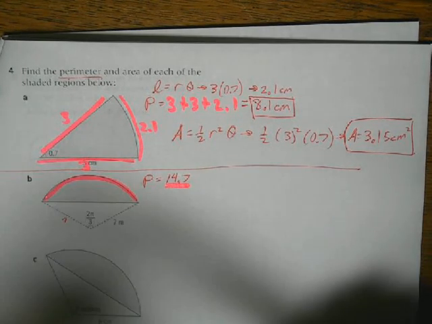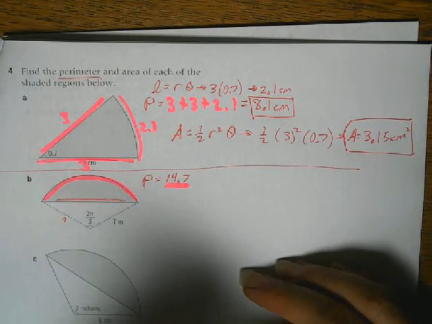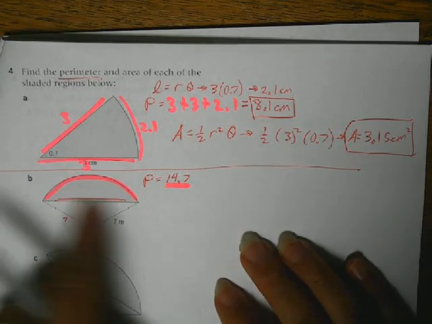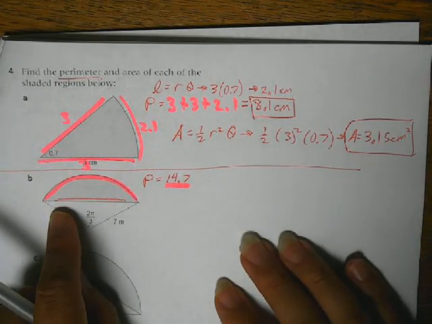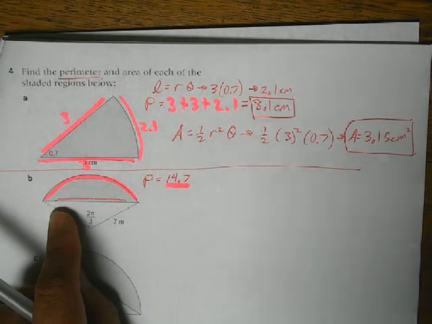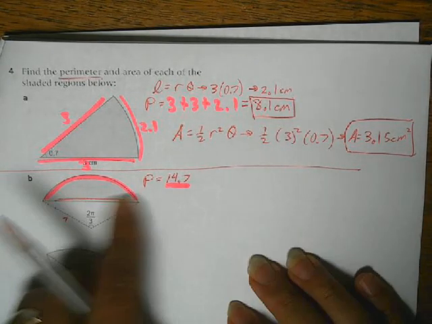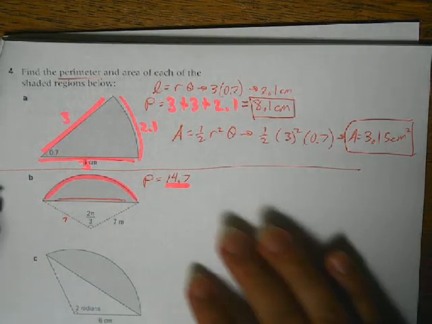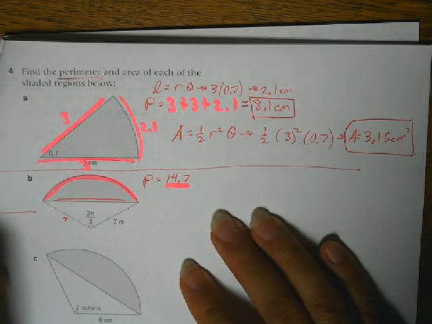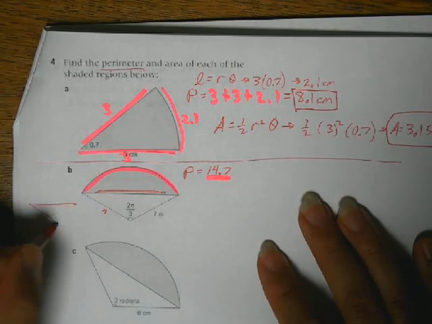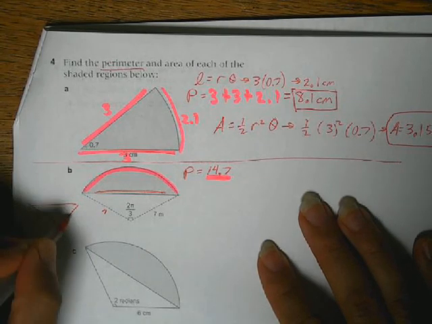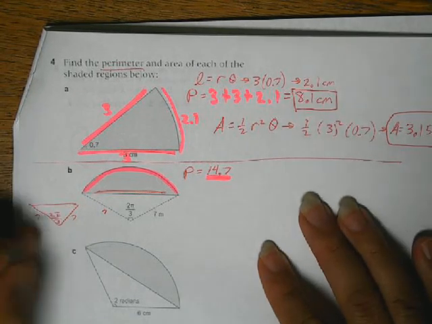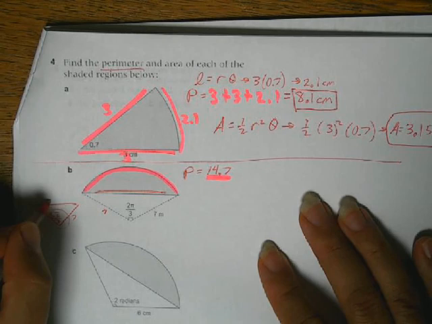And then this length here, we need to know that length, don't we? We don't know what that is. To figure out that length, I need to do something with this triangle. I know this is 7, 7, and 2 pi over 3, so I can use the law of cosine.